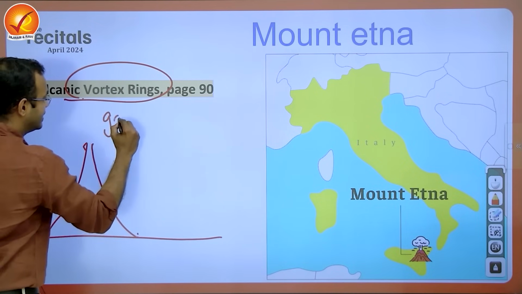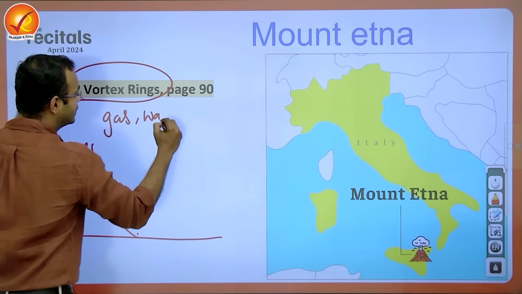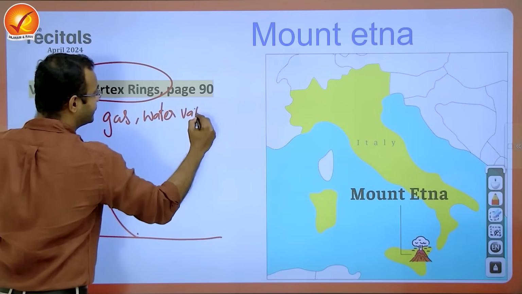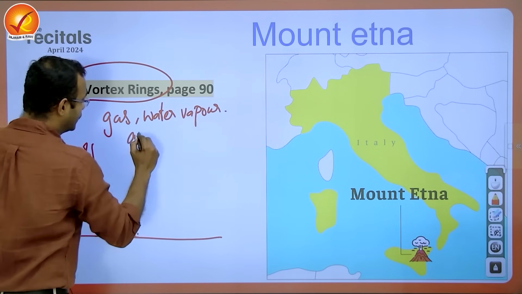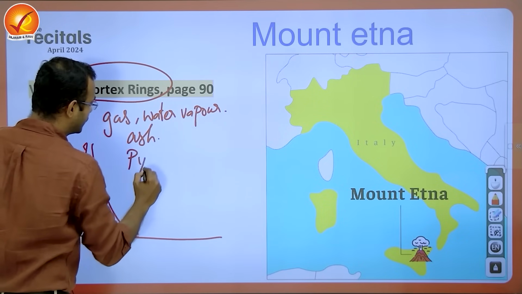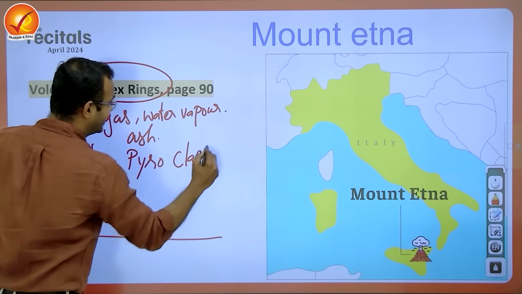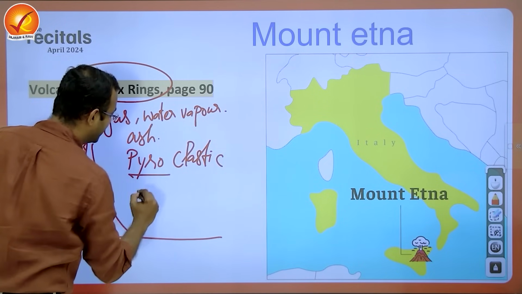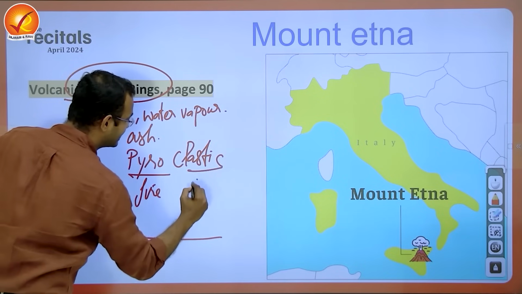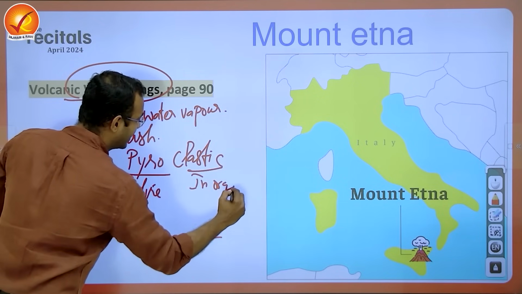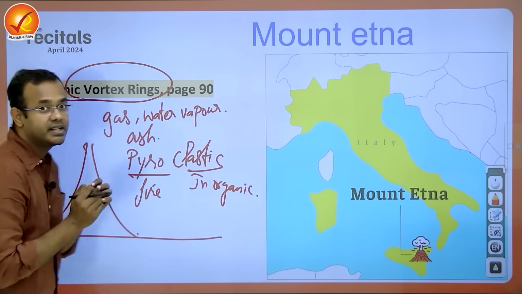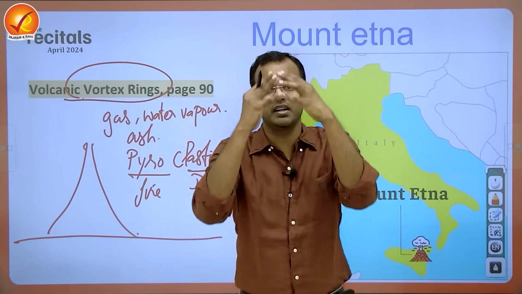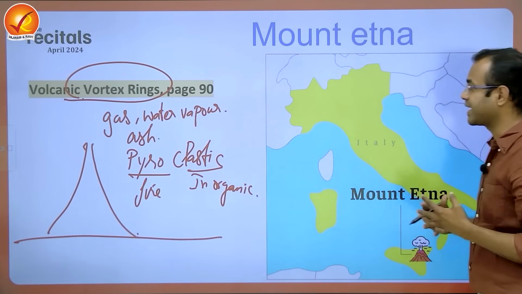It includes gas, it includes water vapor, it includes ash, it also produces pyroclastic. Pyro means fire, clastic inorganic. All these materials can be erupted, can be thrown when a volcanic eruption takes place.